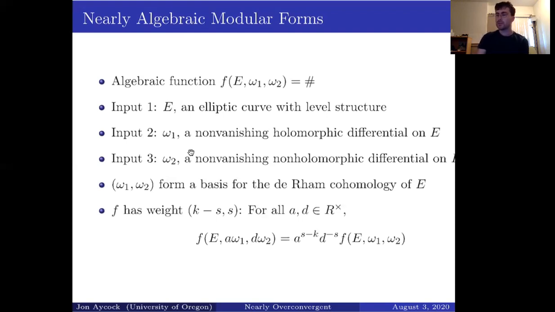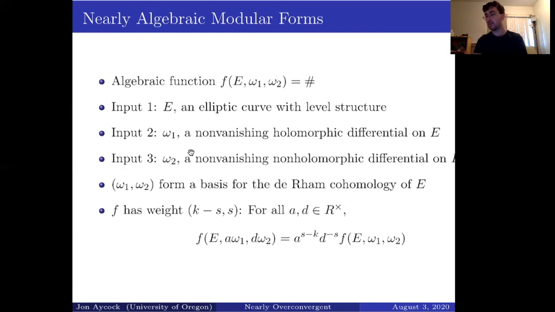And we're going to have a little bit more information in the weight. We're going to have weight k minus s comma s. For all a and d being units, if we scale the first element by a and the second element by d, then we're going to have this homogeneity property. And a comes out with the power s minus k, which is negative k minus s.